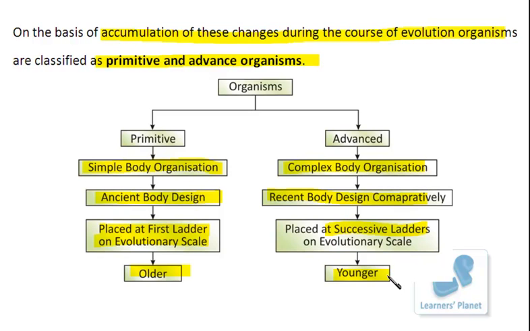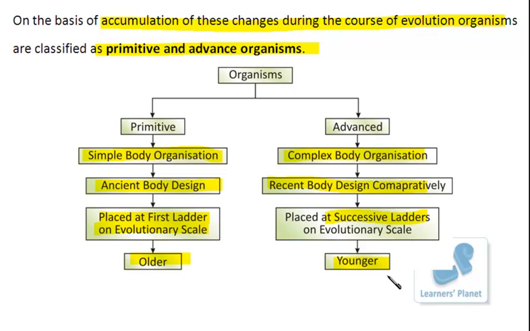Of course, they both evolved in the very distant past, but comparatively, the prokaryotes are primitive and the eukaryotic organisms are the advanced forms. And when we proceed further, I can compare multicellular organisms with unicellular ones. In this context, the unicellular is simple or primitive, whereas the multicellular must be advanced. So this is how you need to compare the organisms so as to classify them as primitive or advanced forms.